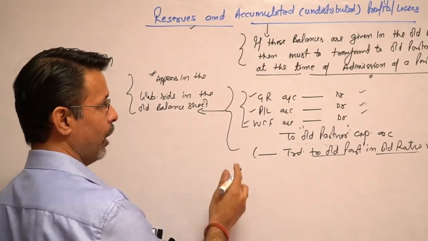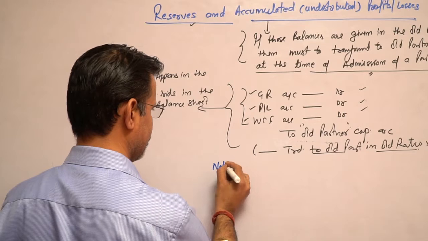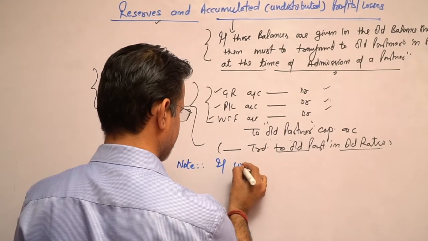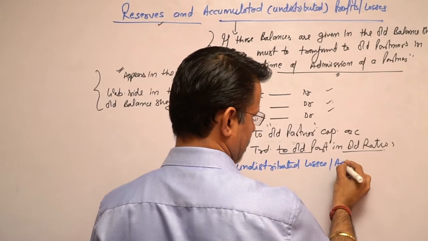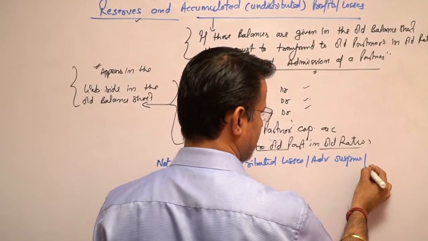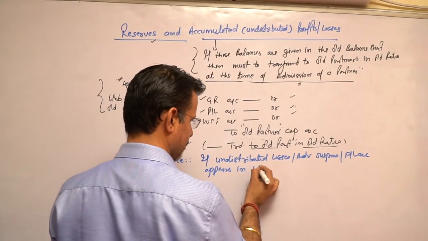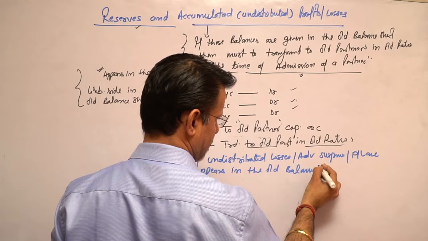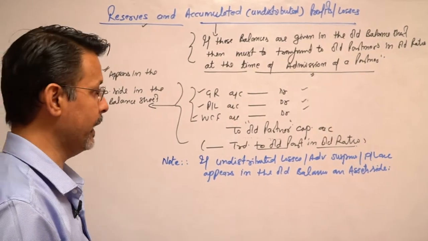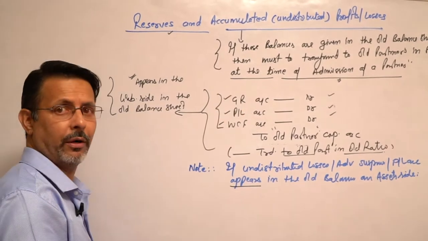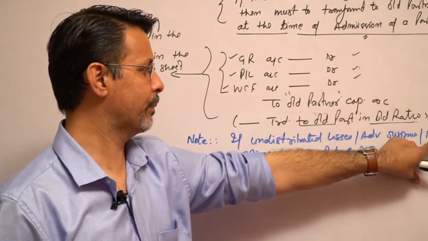But if there are undistributed losses, or advertisement suspense account or P&L account, appearing in the old balance sheet on the asset side, then the entry will be different. Just like undistributed profit, here we are talking about undistributed losses; advertisement suspense is the same thing. And the undistributed P&L account is debited.